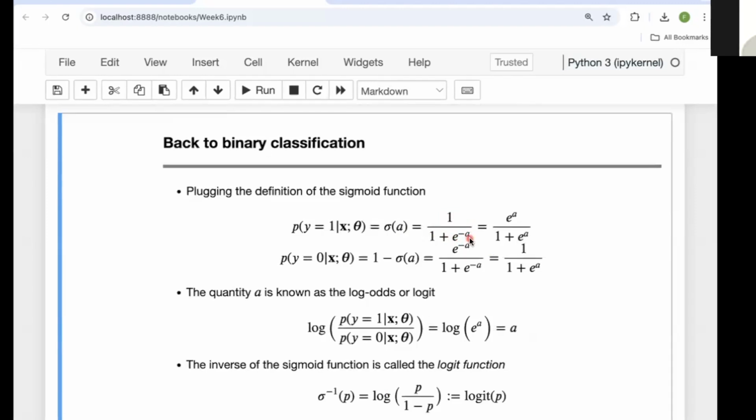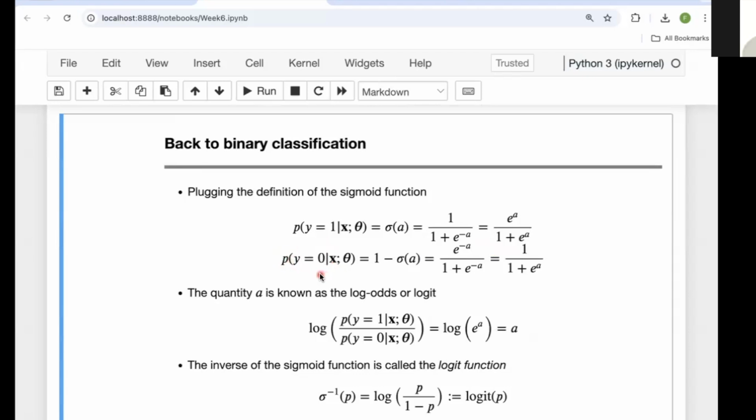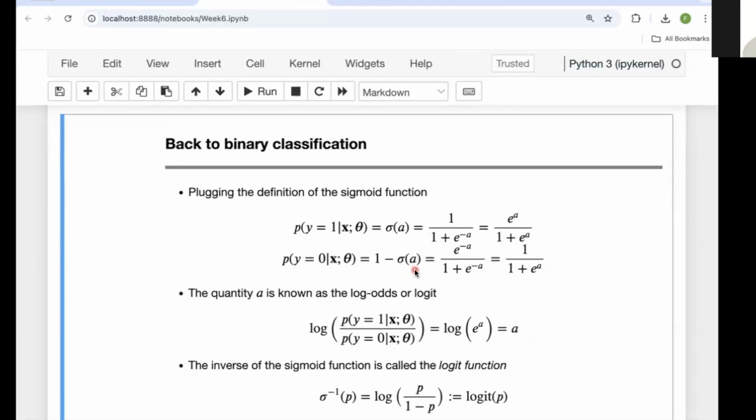And we can multiply both numerator and denominator by e to the a, and simplify it, right? So we get e to the a in the numerator, and 1 plus e to the a in the denominator. And similarly for the probability of y equals 0, the way that you can always think about this is 1 minus the other probability, the probability that y equals 1. So that's 1 minus sigmoid of a. And this is what we have. And again, you can multiply this by e to the a, and you get this formula here.